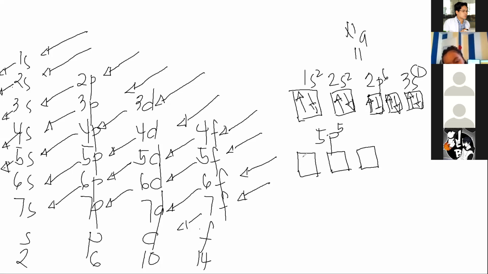Again, based on Hund's rule, you need to fill up each box with the same electrons first before filling it up with alternating electrons. 1, 2, 3.